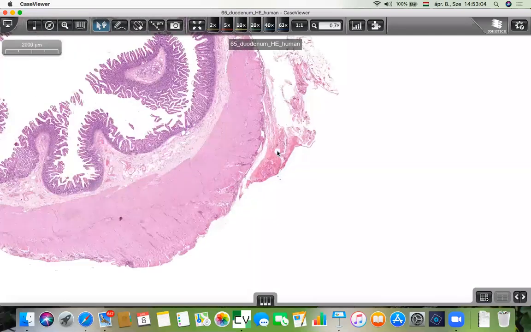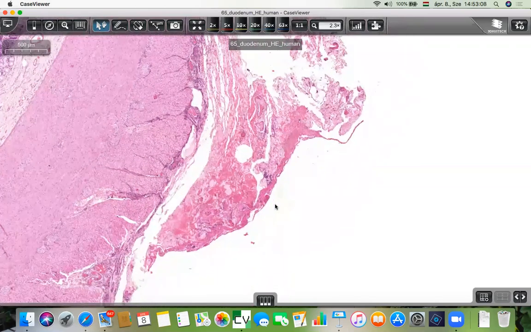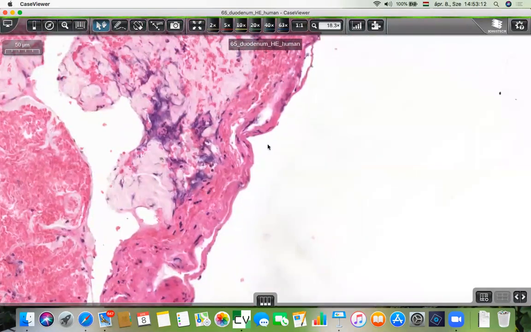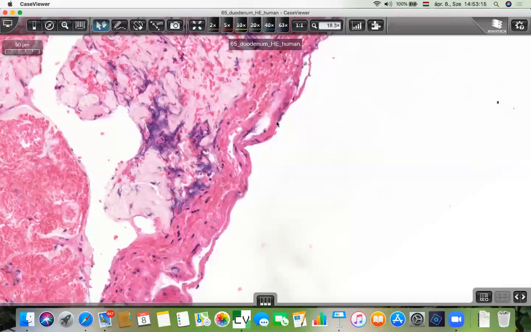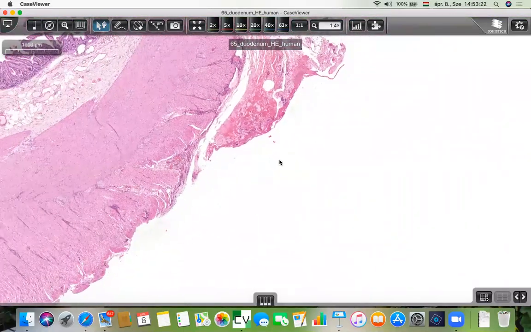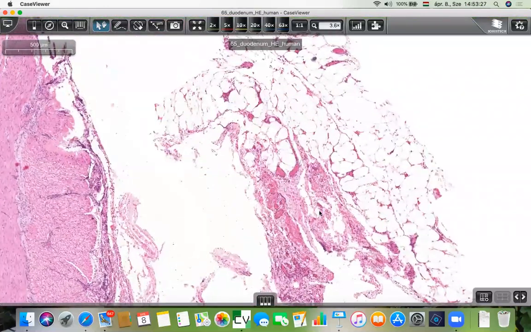So when we look at the surface here, it's a really sharp border. This is the serosal covering, having mesothelial cells. But a little bit higher, there we cannot see the serosa covering, just the typical view of loose connective tissue.